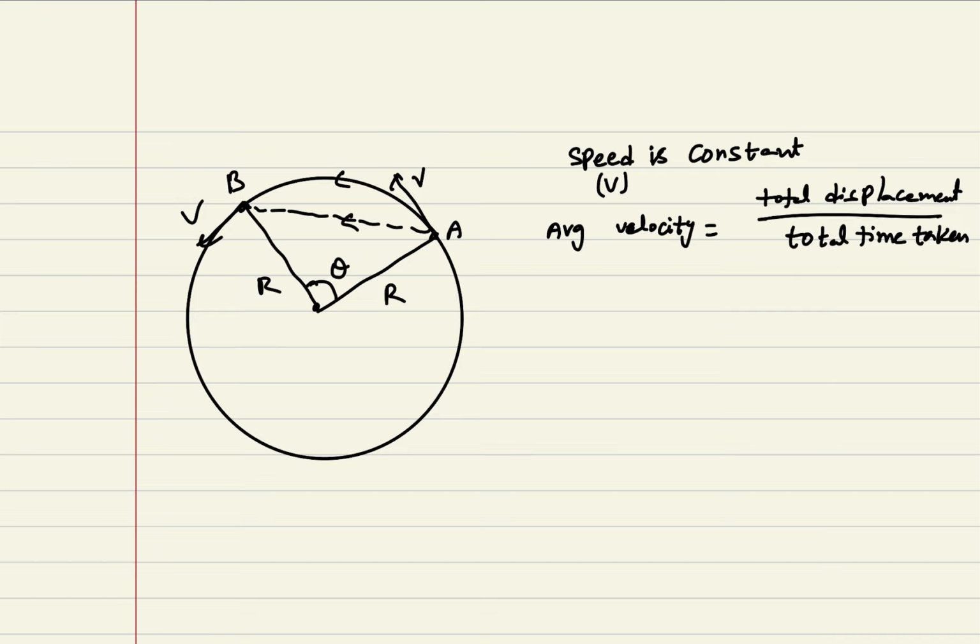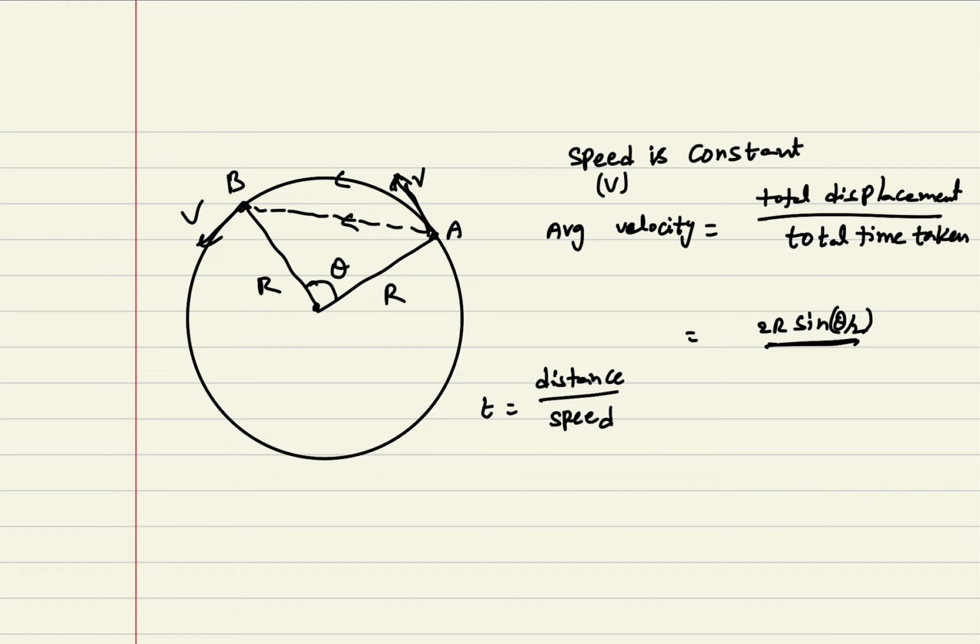As I said earlier, the total displacement is 2r into sin theta by 2. And what is the total time taken? Time taken t can be written as distance divided by the speed.